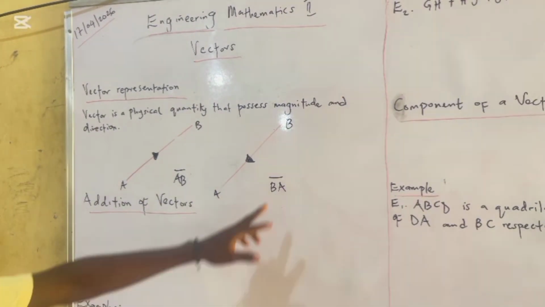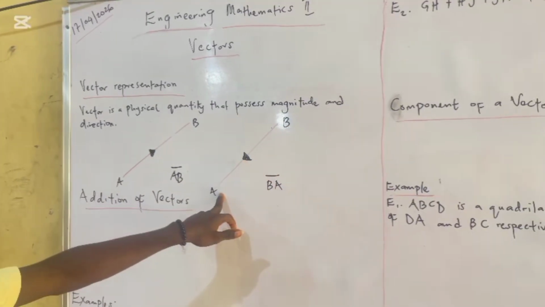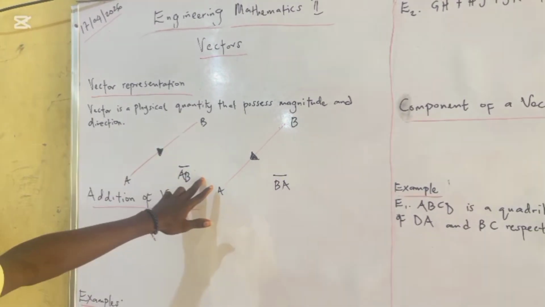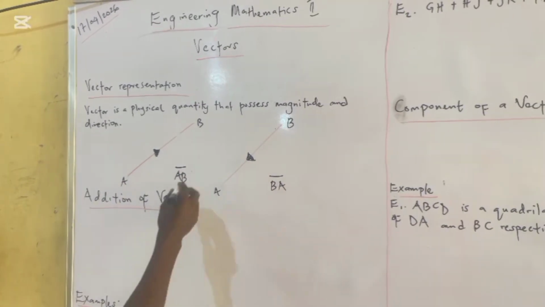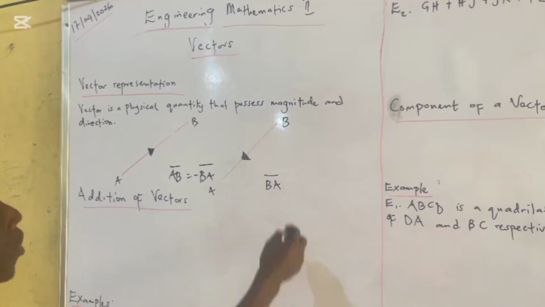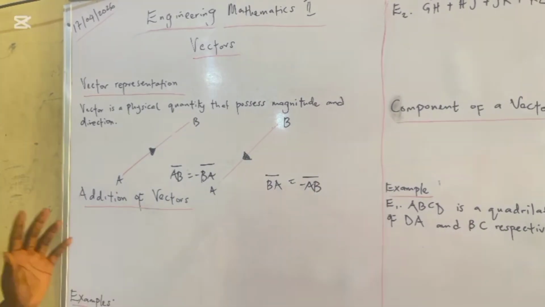Why? Because that vector is moving from B to A. So you can see the difference. So now, AB is also the same thing as minus vector BA. And BA is also the same thing as minus vector AB.